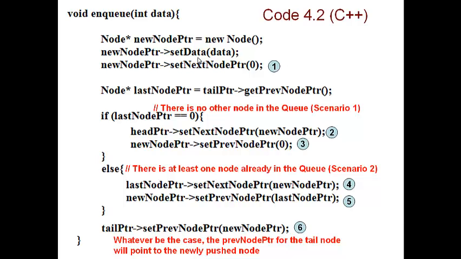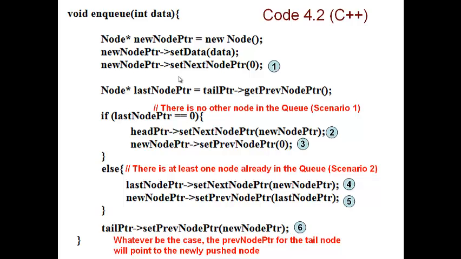So as you traverse through the double linked list from the front to the end, after the last node, there should not be any node. So that's why the next node pointer for the node that you're inserting at the tail end is going to be null.